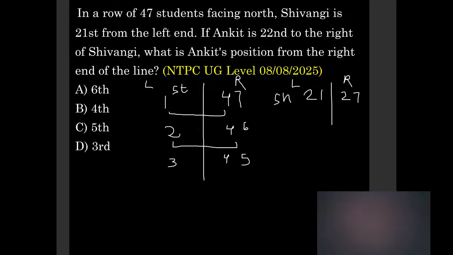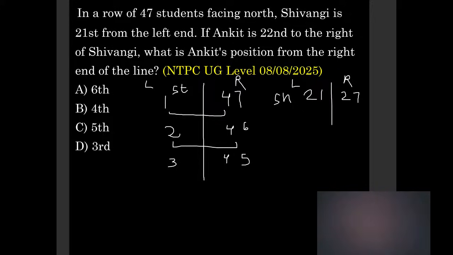They said that Ankit is 22nd from the right of Shivangi. So Shivangi is 21st from the left end, and from her right hand side you can count 22.